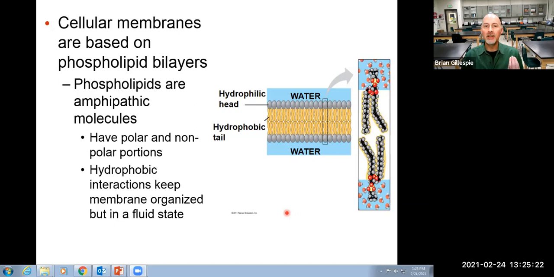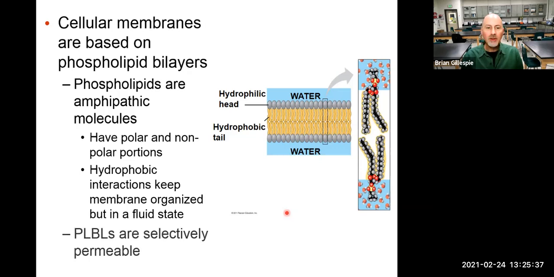There were saturated and unsaturated fatty acids. And it was the unsaturated fatty acids that tended to have a little bend in the hydrocarbon chain, creating a little flex or a bend. Turns out that really affects the membrane structure, which in turn can affect the overall permeability of a membrane.